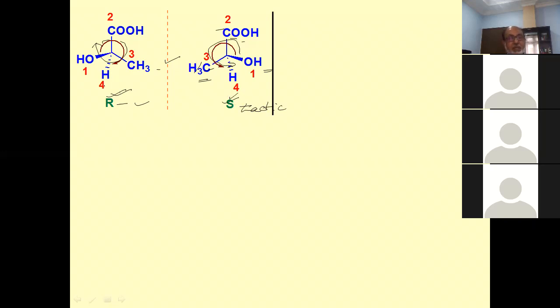Actually, R lactic acid is found to be levorotatory and S lactic acid is found to be dextrorotatory.